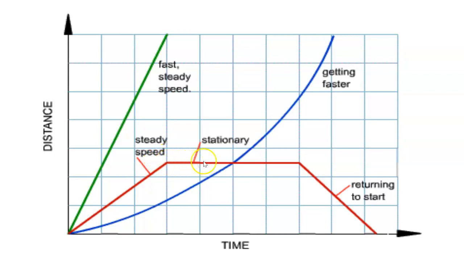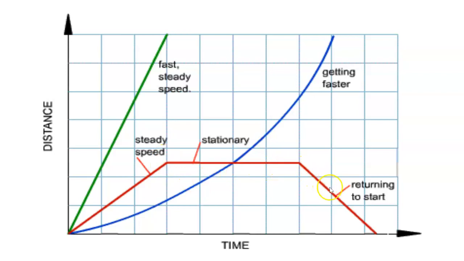And then here, if you see there's no change, this line is indicating that whatever object was moving has come to a stop. So if you're driving a car, maybe you are driving along and then you come to a stop sign or a stoplight and have to stop. Because there's no slope here, there's no velocity. So we're not changing position, we're stationary.